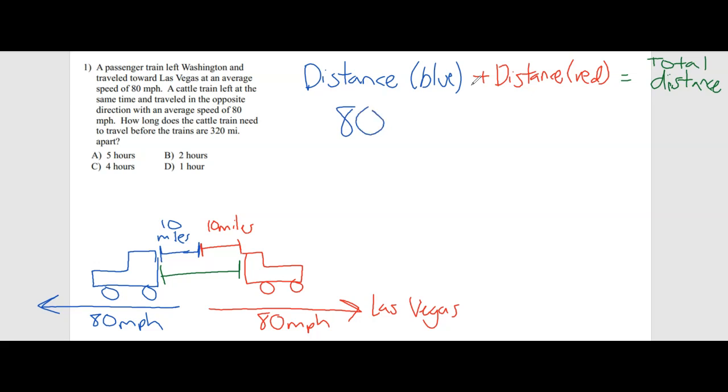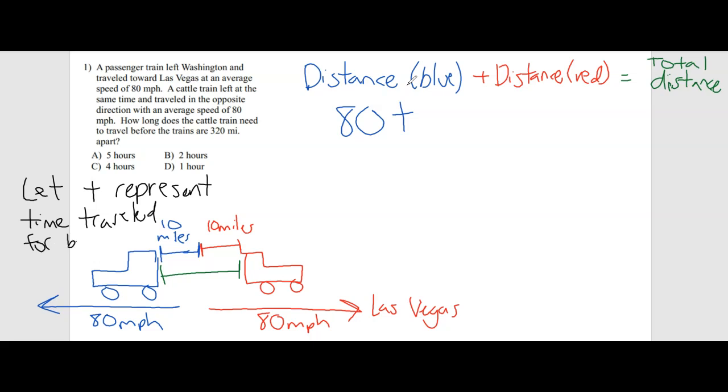Now, we don't have a variable for time, so we need to create one. I'm going to call it t, and let t represent time traveled.